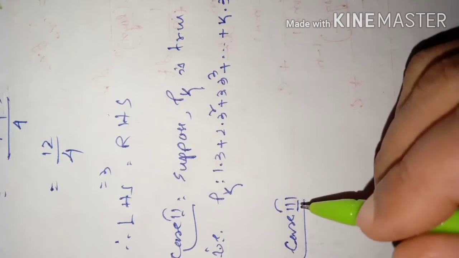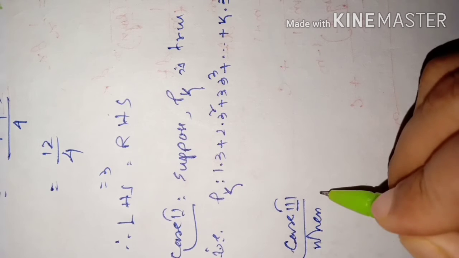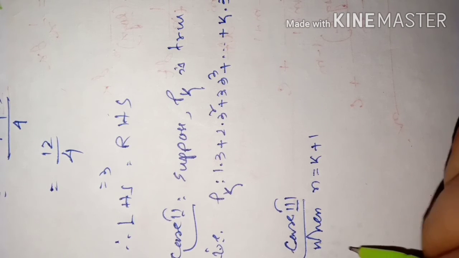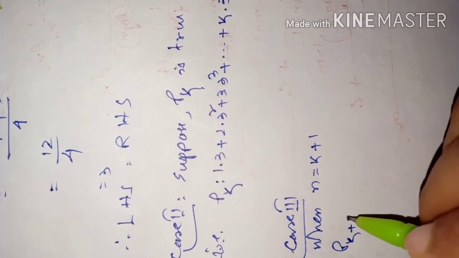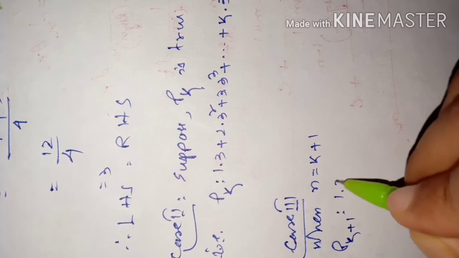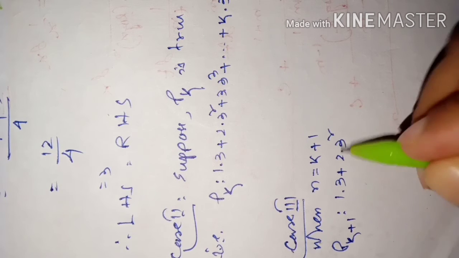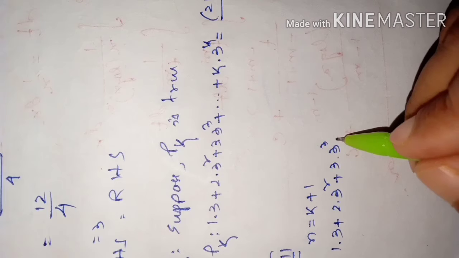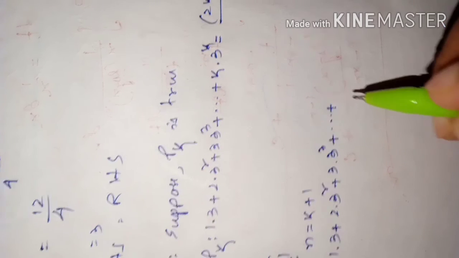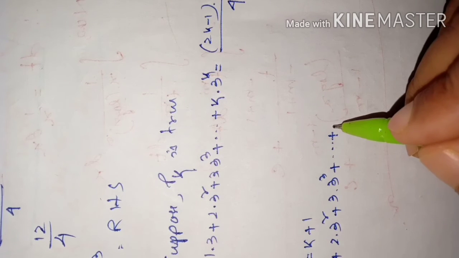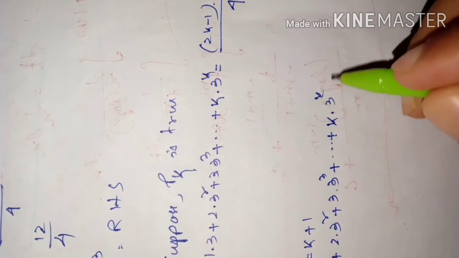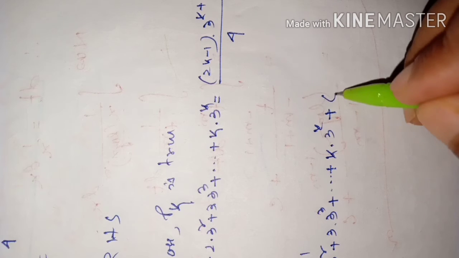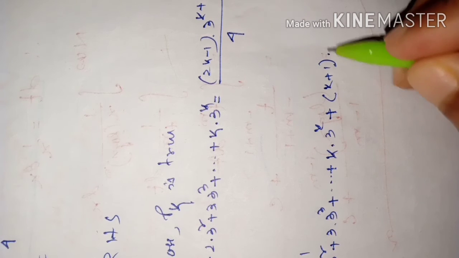When n is equal to k plus 1, then P of k plus 1 is 1 into 3 plus 2 into 3 square plus 3 into 3 cube plus, up to, k into 3 to the power of k, plus one more term, (k plus 1) into 3 to the power of k plus 1.